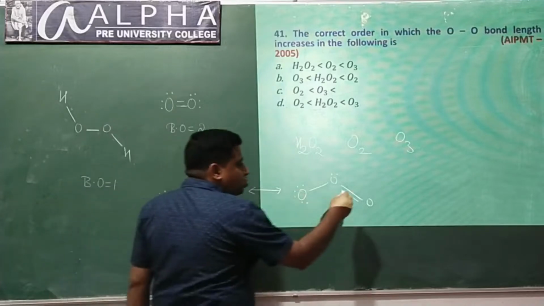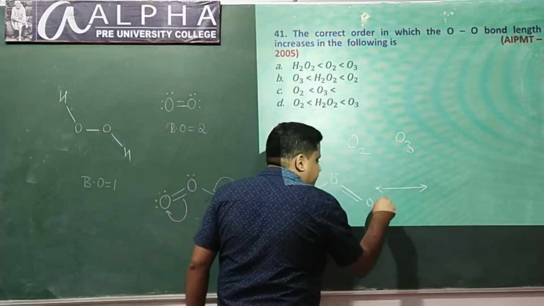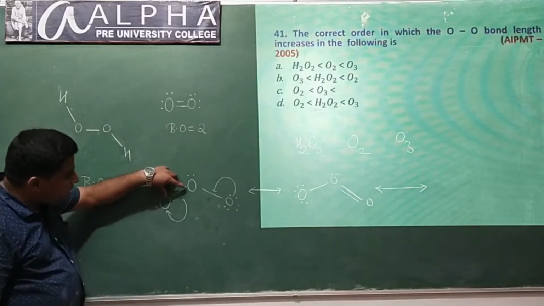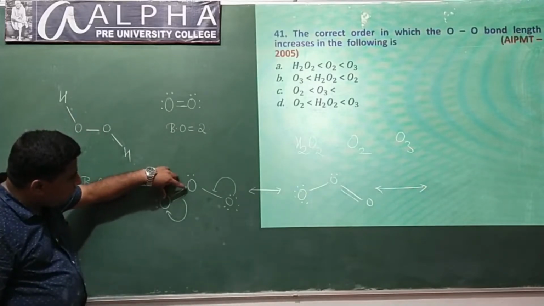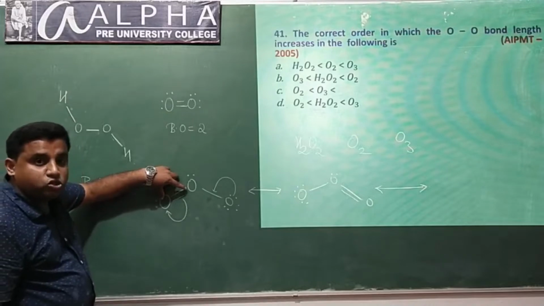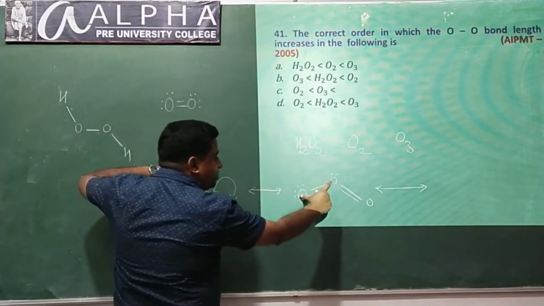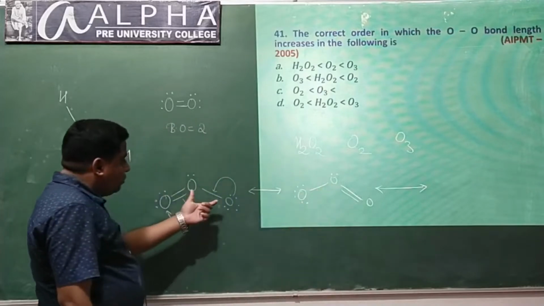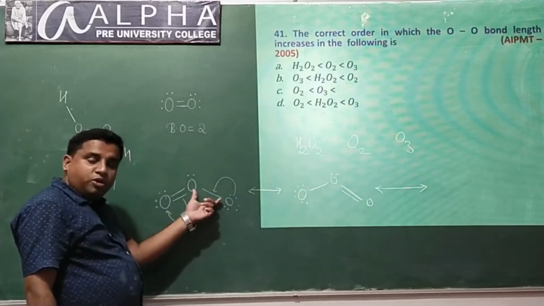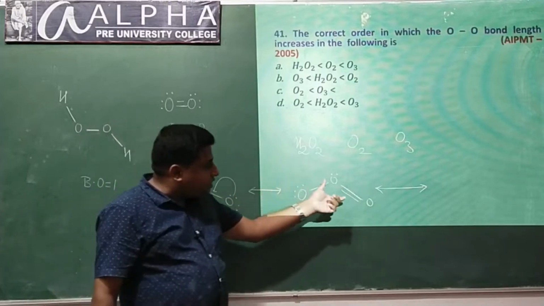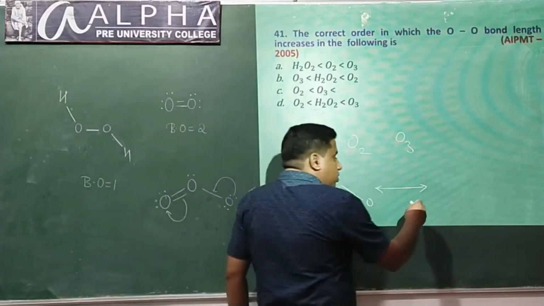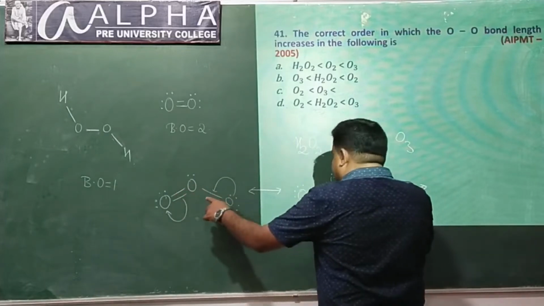Now compare these two resonating structures. In one resonating structure there is a double bond between these two oxygen, and in the other resonating structure there is a single bond between these two oxygen atoms. Therefore, single double, double single.